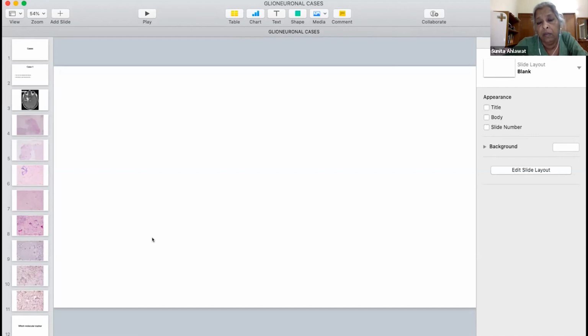neuropathology. More than me, Gaurav is very actively involved. He goes down to the radiology. Our radiology boss comes up, and we discuss each and every case every week before we give a diagnosis.